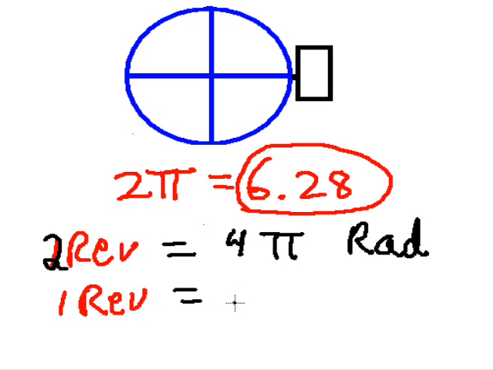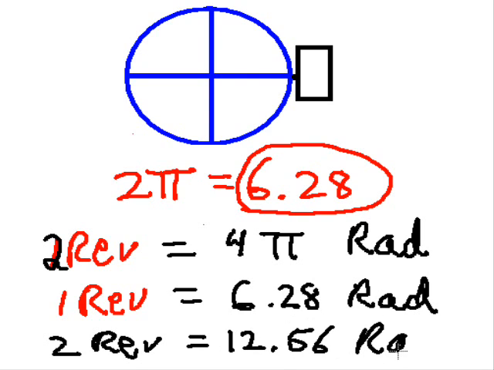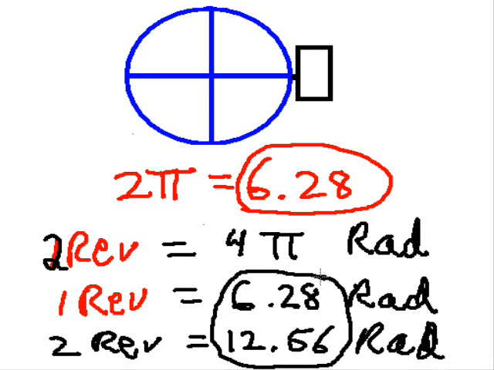Our 1 revolution is 6.28 rad, and 2 revolutions would be 12.56 rad. Do you see how this could start getting a little bit complex if you use this method? Better to stick with pi's.